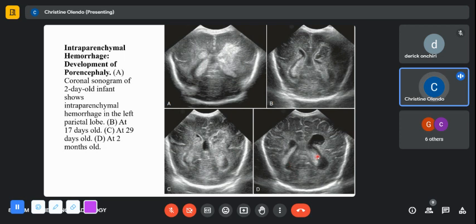So this was at 2 months old, and we're seeing one of the complications of what might happen after. You're seeing that the clot has regressed more on the right, but on the left, if you look at the lateral ventricle, you have this cystic mass, which is now connecting with the lateral ventricle, and this is a case of porencephaly.